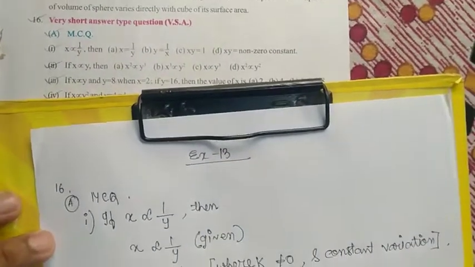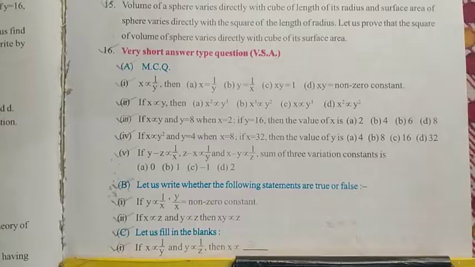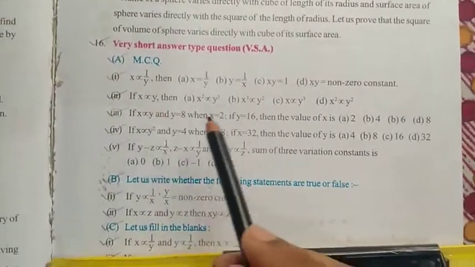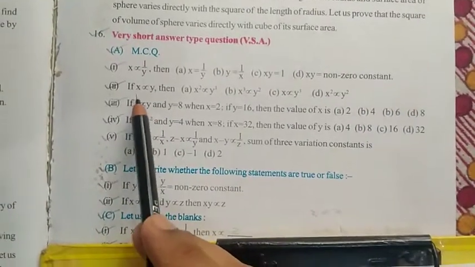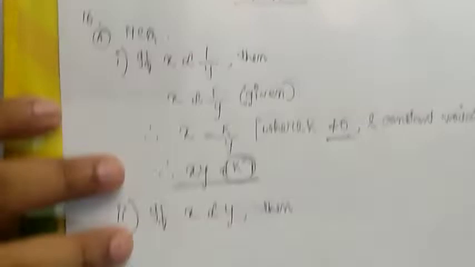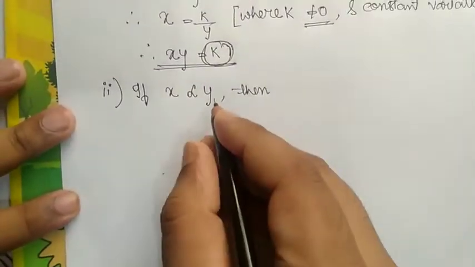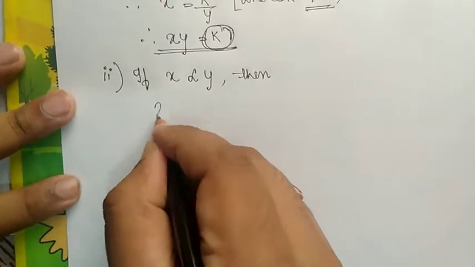Okay, now this is sum number 2, x variation with y, then we have to choose the correct alternative. So same as here given, x is direct variation with y. So therefore if x direct variation with y, then this is given.